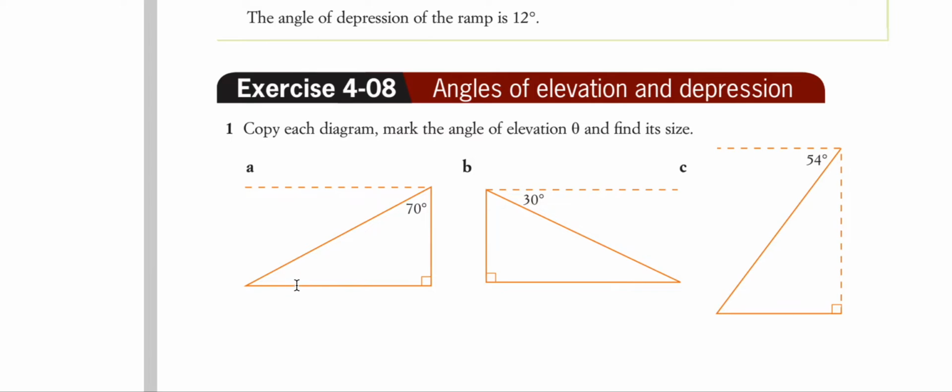So this must be 20 here, because then 20 plus 70 plus 90 adds up to 180, which makes sense for a triangle. So theta has to be 20 degrees.